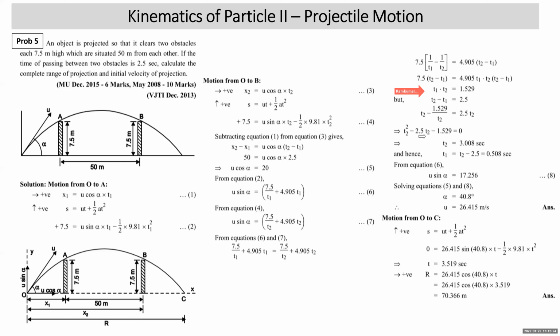So t2 square minus 1.529 minus 2.5 t2 equals 0. Solve this quadratic equation for t2, you get t2 and then you get t1. t1 is t2 minus 2.5.